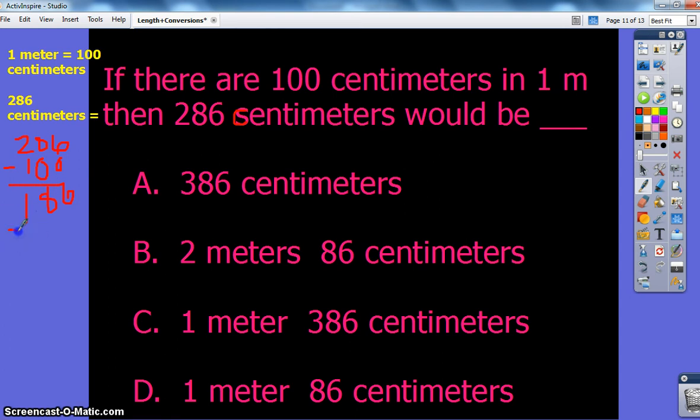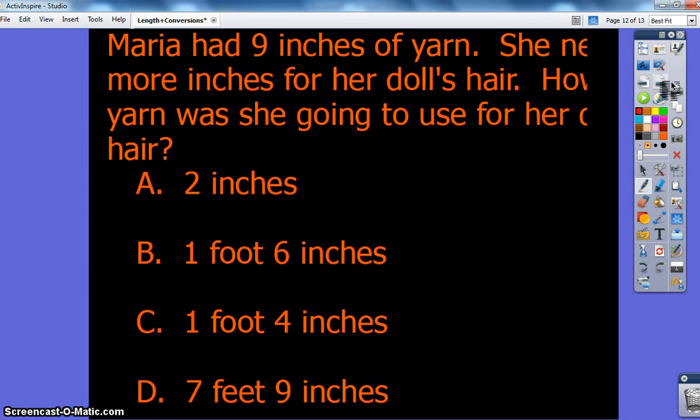And take out another 100 centimeters, and I have 86 left. So I took out 1 meter, 2 meters, and I have 86 centimeters left. So B is the correct answer. Bravo for you if you got that one.